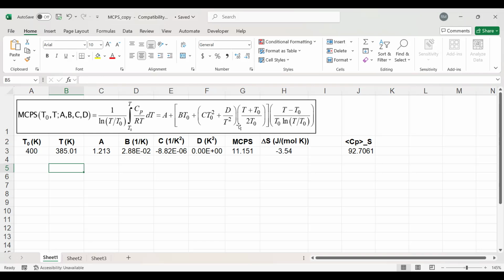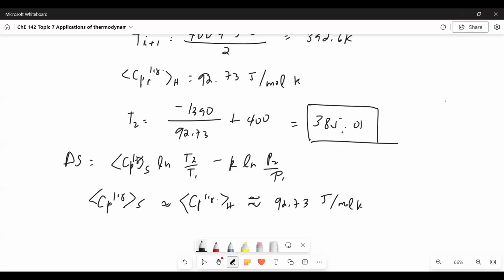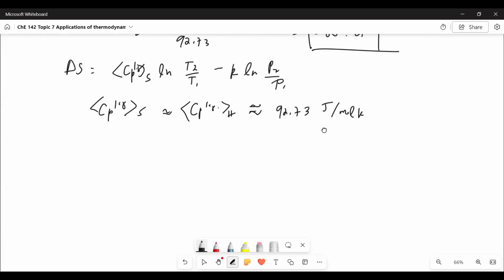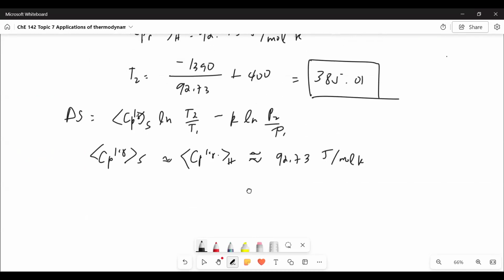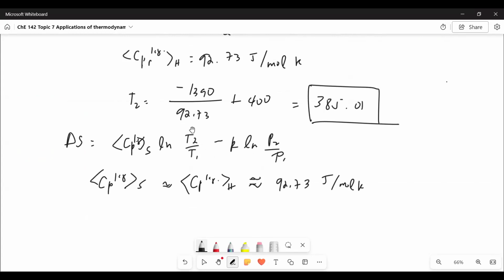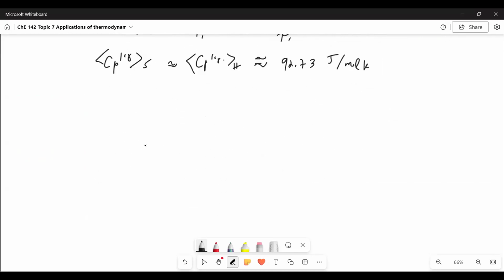Notice that the equation is different. You input the inlet and outlet temperature, and you solve for CPS. As you can see, it's near, right? It's near the one calculated for enthalpy. So anyway, we use this one and substitute into our equation here. I'll leave it up to you to do the substitution.